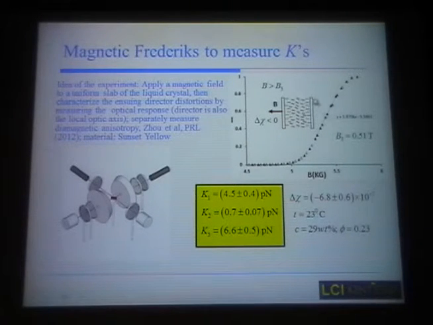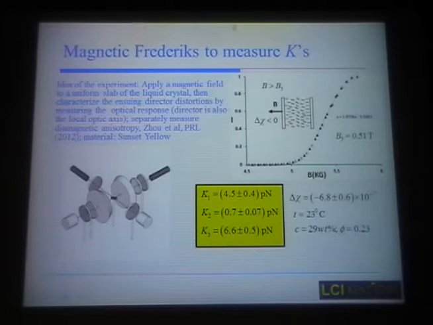So if you apply the magnetic field in this direction, the director would tilt, and that would happen when the magnetic torque overcomes the stabilizing torque of surface anchoring and elasticity.